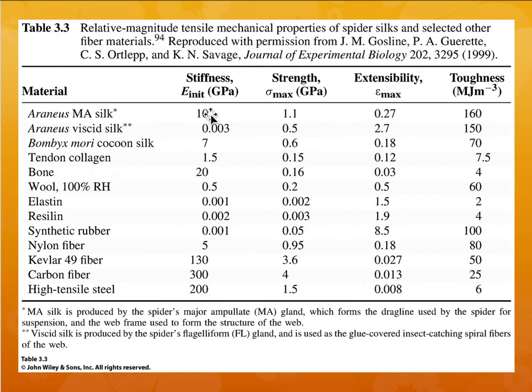it has a stiffness of 10 gigapascals, and it has a strength of 1.1 gigapascals. Compare that with carbon. Carbon's stiffness is much higher than that, but the strength is like 4 to 5 gigapascals.